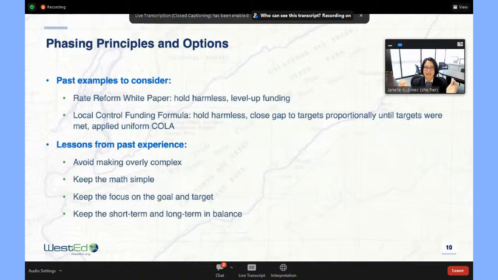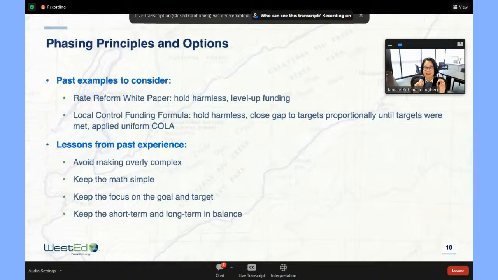What you see in this approach is very much exhibited in how the K-12 system introduced the local control funding formula. Again, very similar in concept in that it started with hold harmless. We're going to keep everyone where they are. The local control funding formula established targets for every single school district in the state.